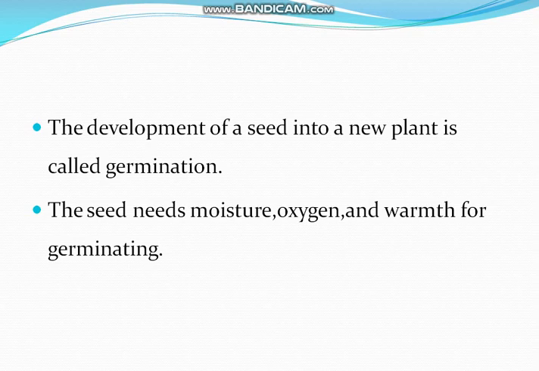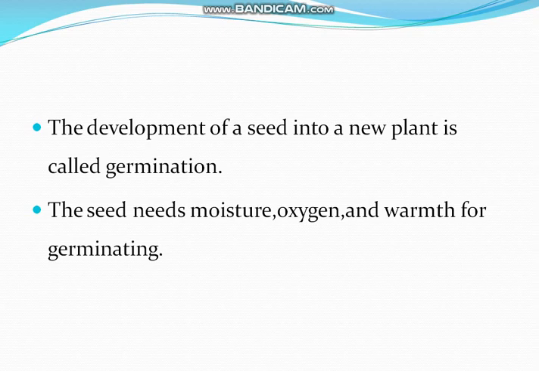A seed needs some conditions to grow: moisture, oxygen and warmth for germinating. When all these conditions are favorable, then the embryo inside the seed germinates and grows into a young plant. Most seeds do not germinate immediately after their formation.